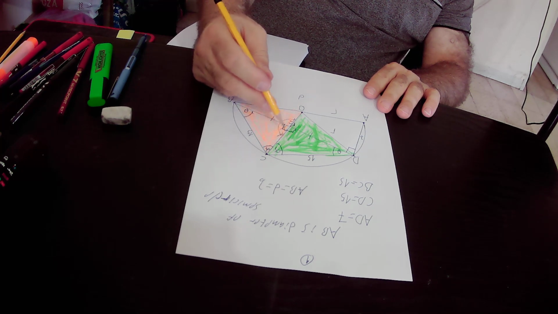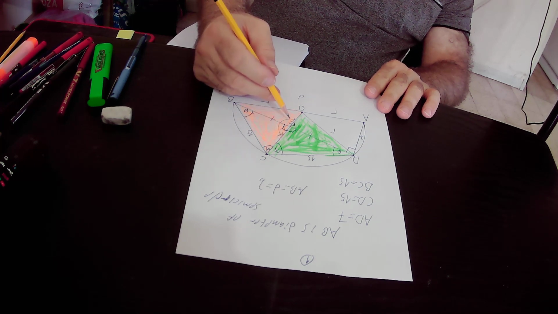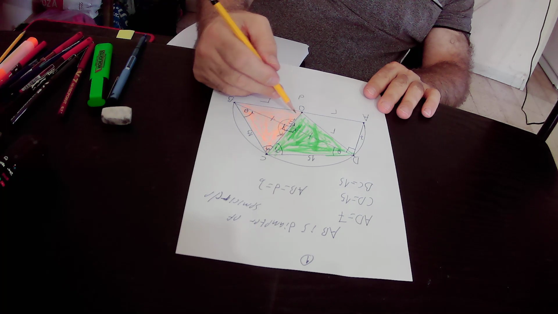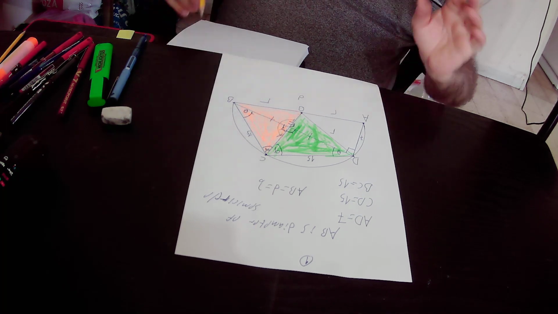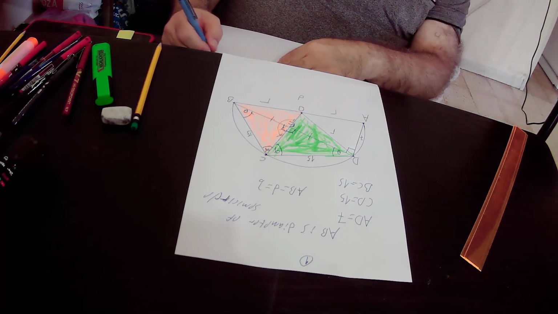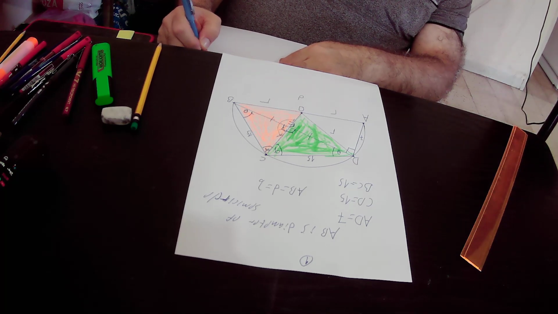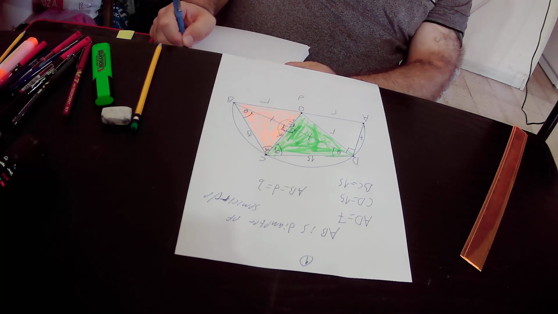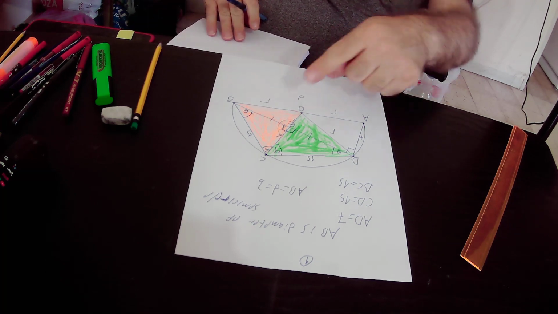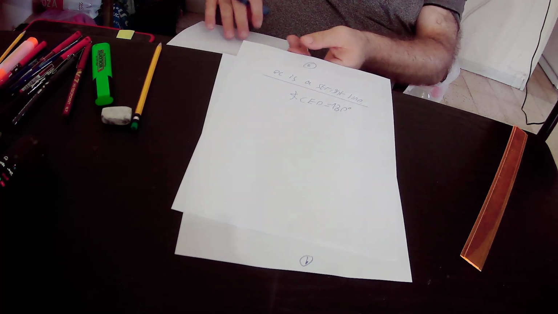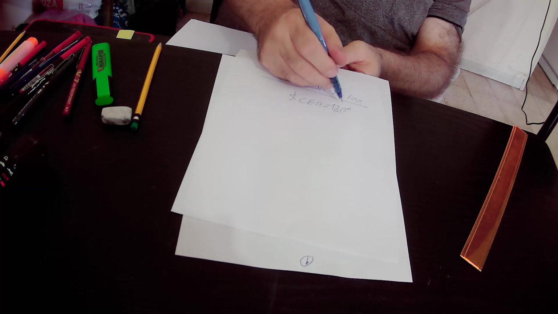So actually we can say that angle CEO, this angle that is actually a straight line, equals 180 degrees.